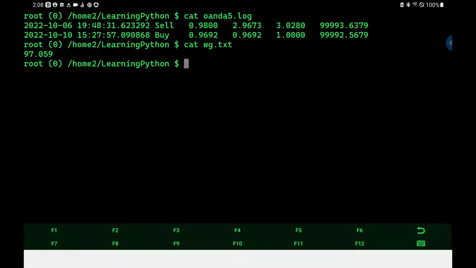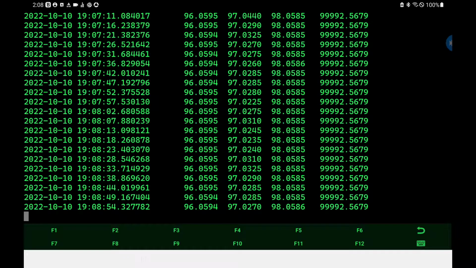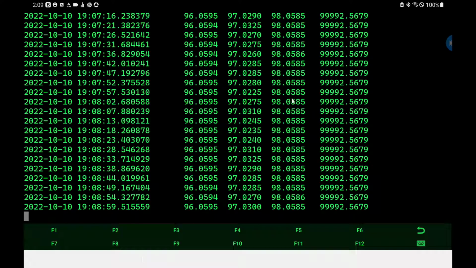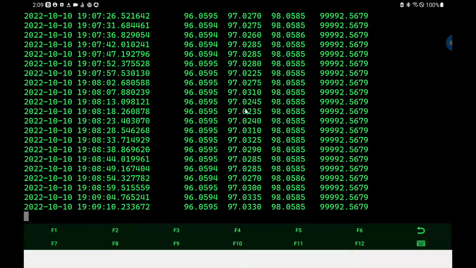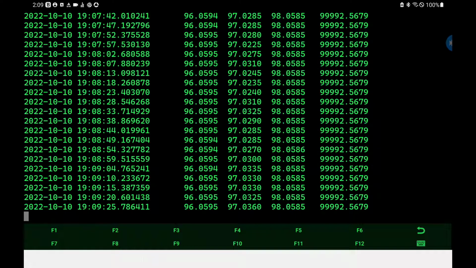Now I'm using the order book only, so this number is not the closing price of the market. I didn't want to be limited by a particular time frame for this example. So this is actually the midpoint between the bid and the ask, which many people consider as good as the current closing price.